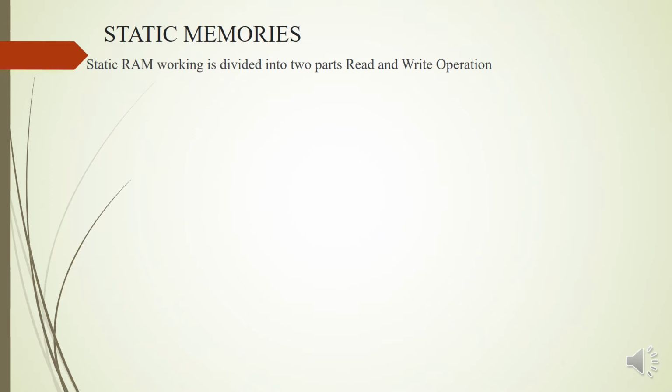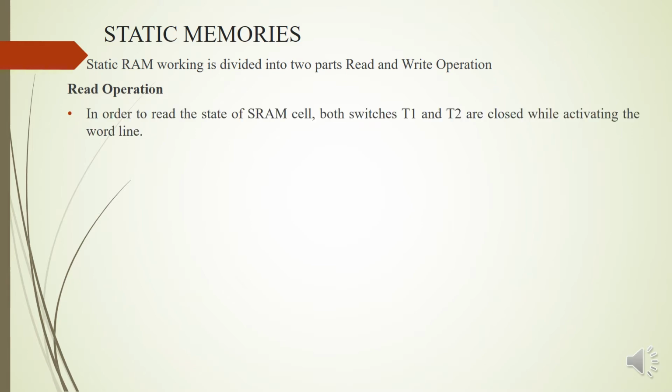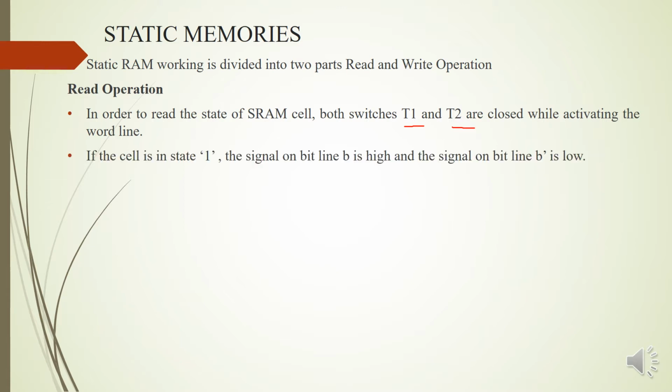Static RAM working is divided into two parts called read and write operations. Read operation. In order to read the state of the SRAM cell, both switches T1 and T2 are closed while activating the word line. If the cell is in state 1, the signal on bit line B is high and the signal on bit line B bar is low.